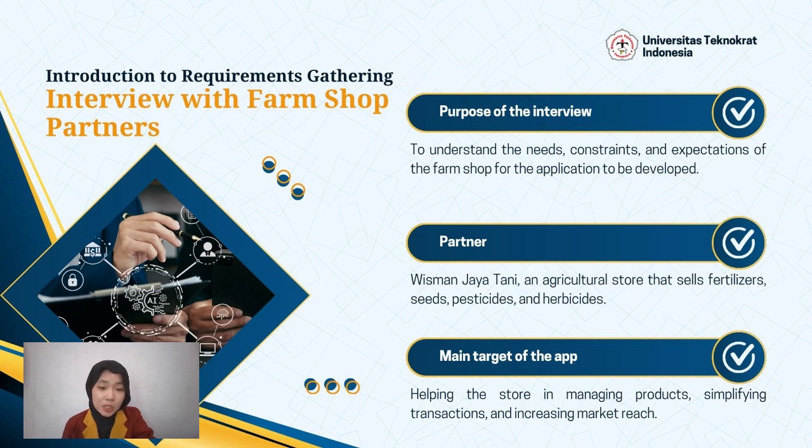Our partner is Wisman Jayatani, an agricultural store that sells fertilizers, seeds, pesticides, and herbicides. And point 3 is the main target of the app: helping the store in managing products, simplifying transactions, and increasing market reach.